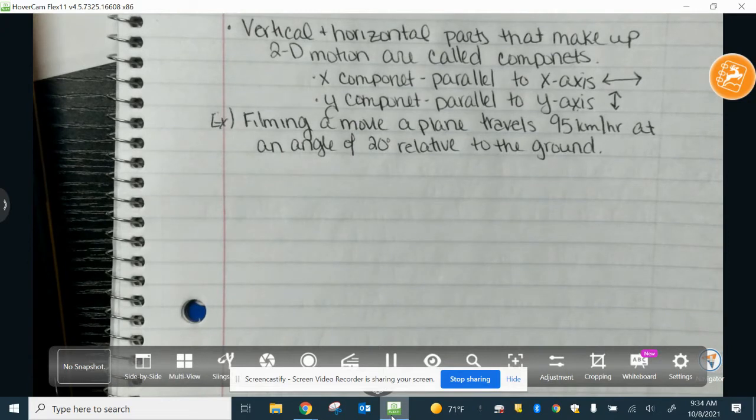Filming a movie, a plane travels at 95 kilometers per hour at an angle of 20 degrees relative to the ground. A film crew travels on the ground filming the plane above.